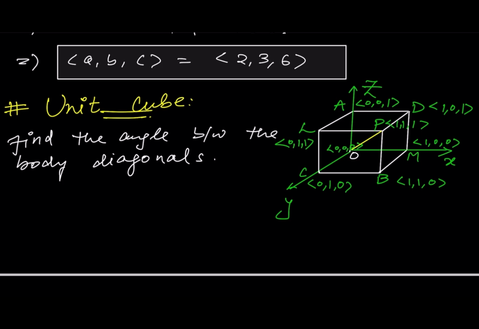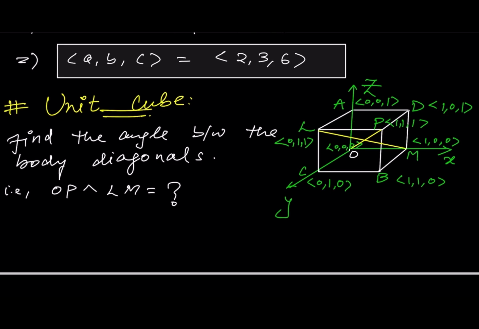For a cube, there are four body diagonals, and the angle between any two will be the same. So, for example, I am interested in finding the angle between OP and LM. I am taking OP as the OP vector and LM as the LM vector.